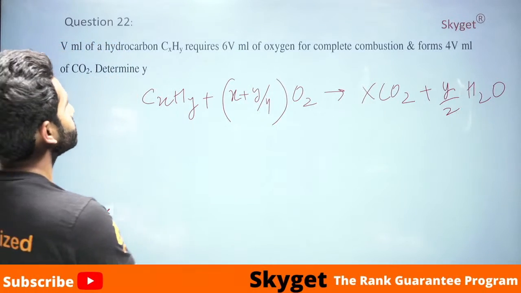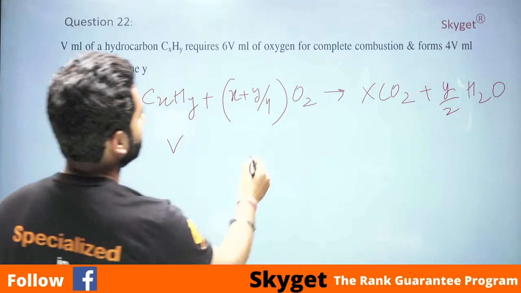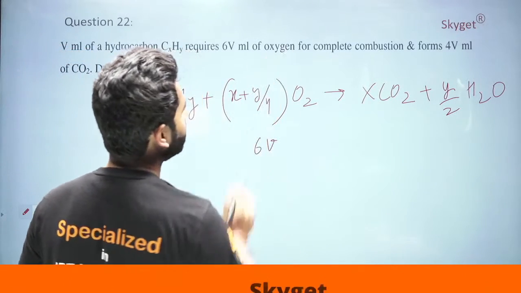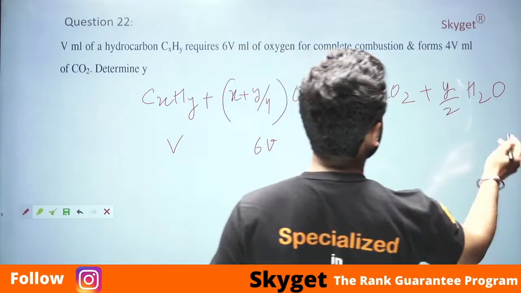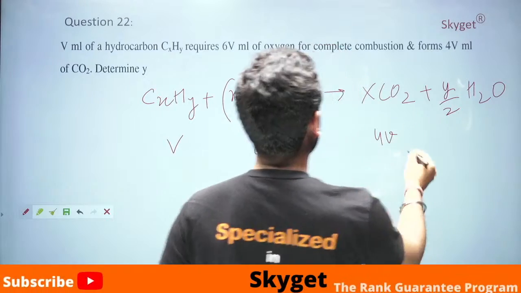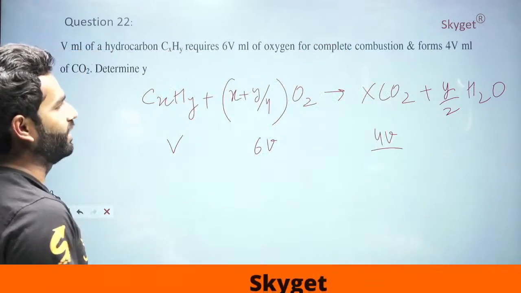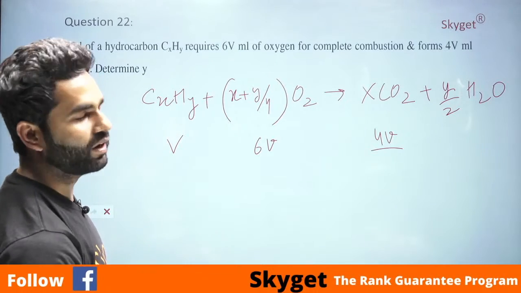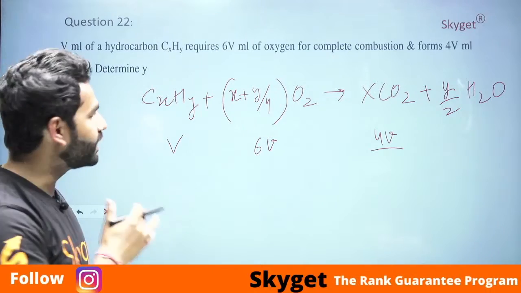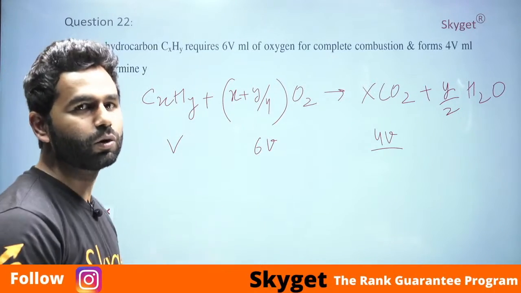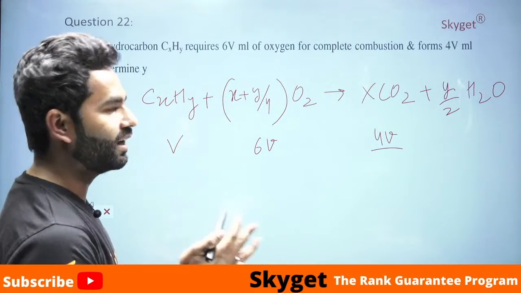Now it says V ml of C6H5 requires 6V ml of oxygen for complete combustion and forms 4V ml of CO2, means this. Got it, guys? Whenever such a question arrives and they ask you the values of X and Y, just directly use the mole to mole analysis and you will directly get the answers.